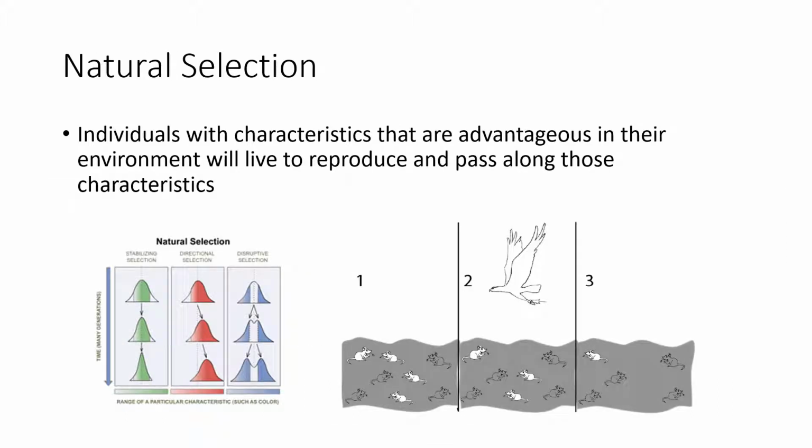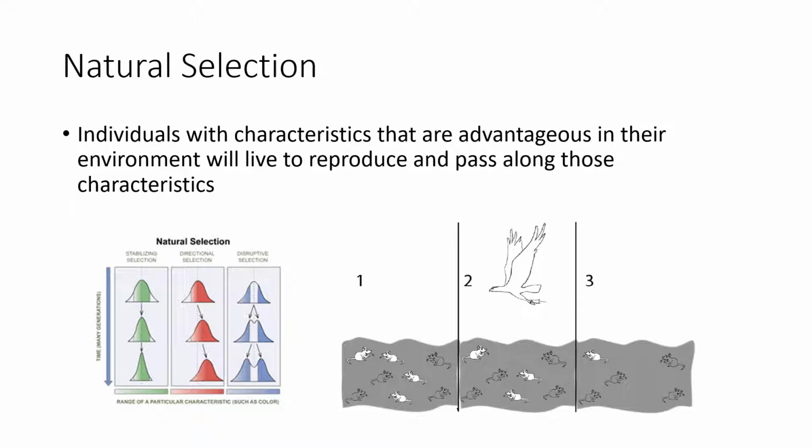Hopefully natural selection and really basic evolutionary stuff is stuff that you saw in biology, but just to review it really quickly, individuals with characteristics that are advantageous or more fit in their environment will live to reproduce and pass those characteristics along to their offspring.